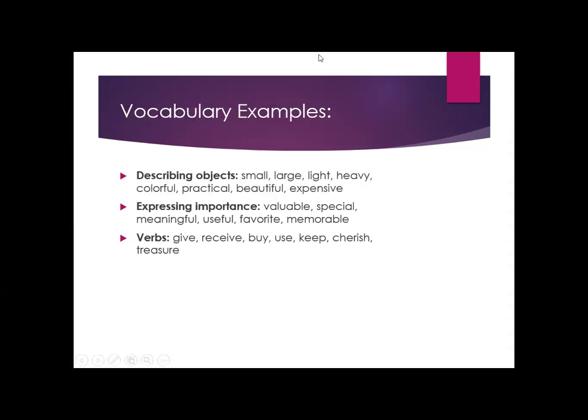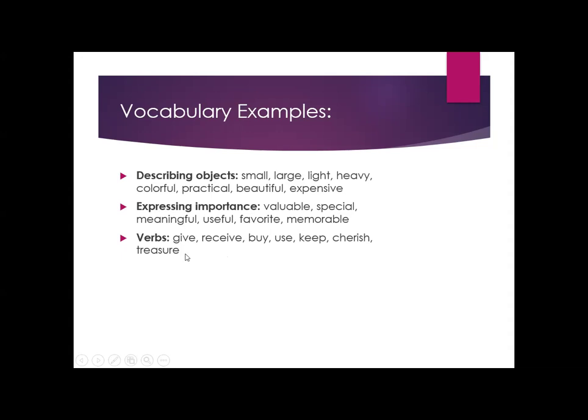Then vocabulary examples describing objects. Okay, small, large, light, heavy, colorful, practical, beautiful, expensive, expressing importance. Okay, it is valuable, it is special, meaningful, useful, it is my favorite, and it is memorable.